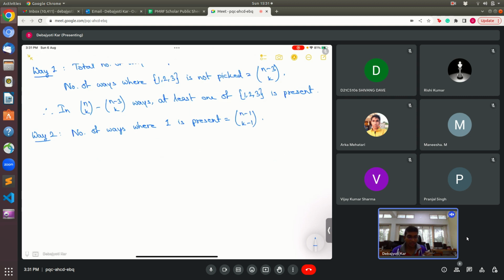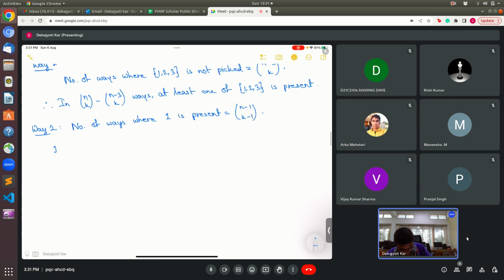So in n minus 1 choose k minus 1 such pickings, 1 is already present. So now we have to consider those cases where 1 is not present.